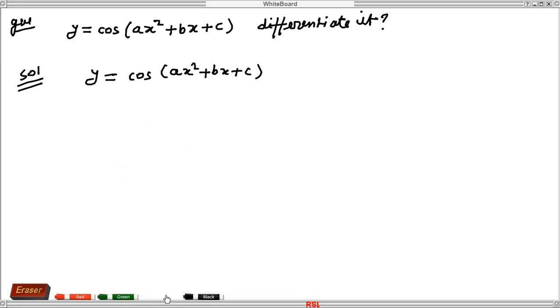Now differentiating with respect to x, or if you want to do it step by step, then put ax square plus bx plus c equal to t.